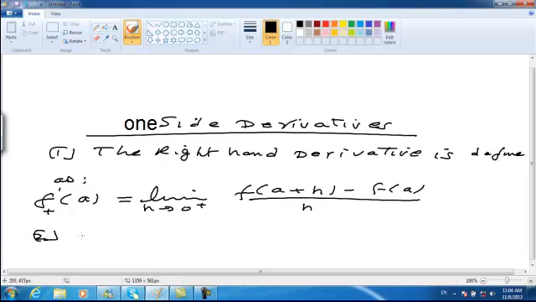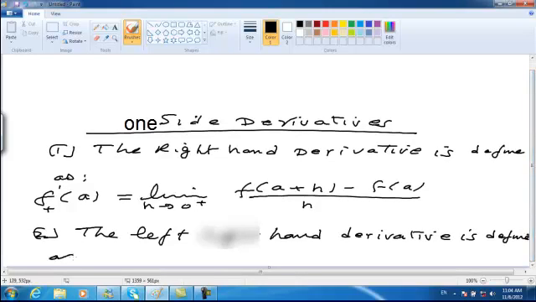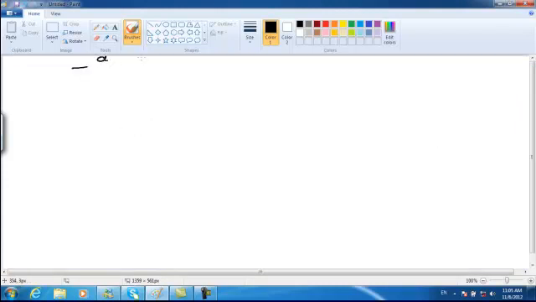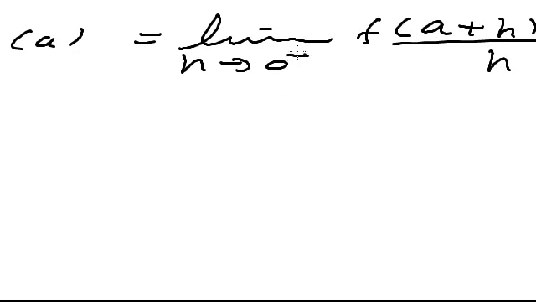Two, the left hand derivative is defined as f dash a minus equals the limit of f of a plus h minus f of a, divided by h, as h tends to 0 minus.